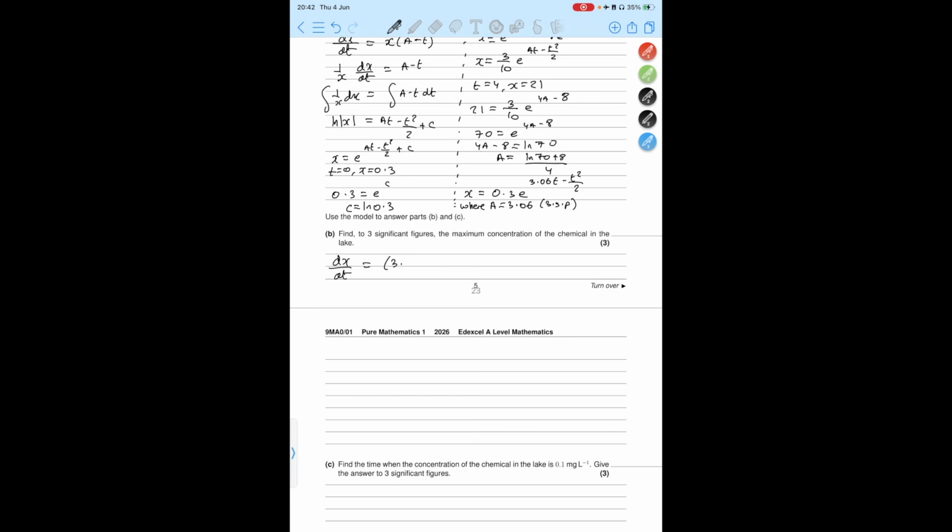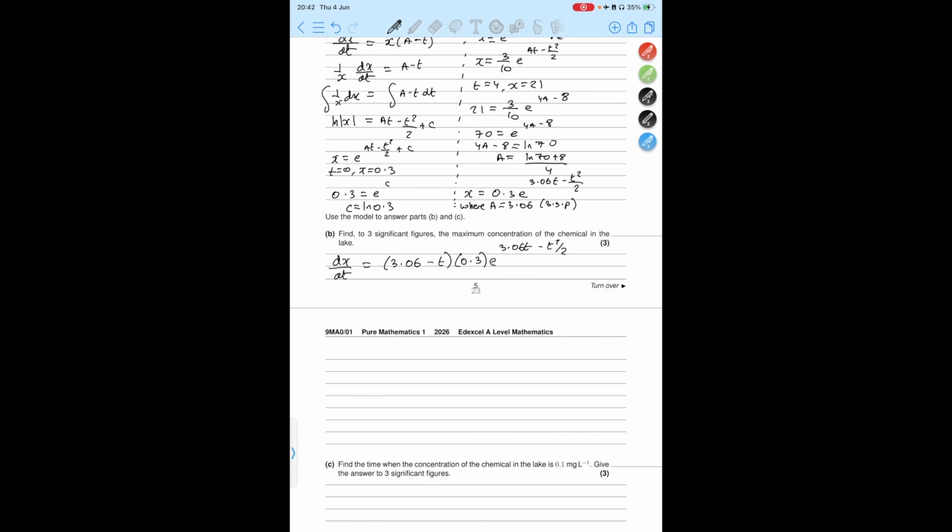So 3.06 minus 2t over 2, which is just t.